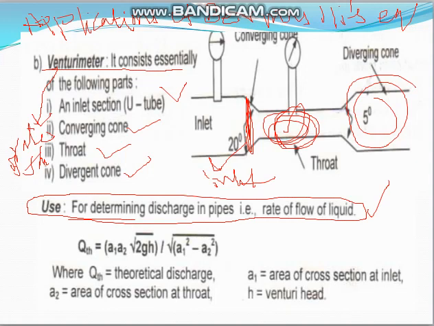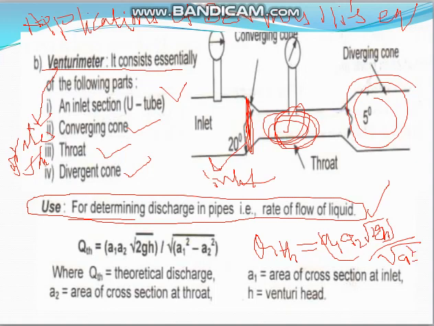So generally, the theoretical discharge is given as QTH is equal to A1 A2 into square root of 2GH by square root of A1 square minus A2 square.